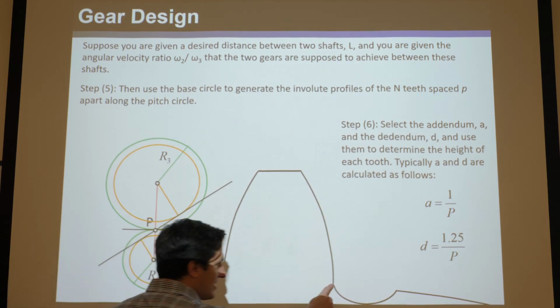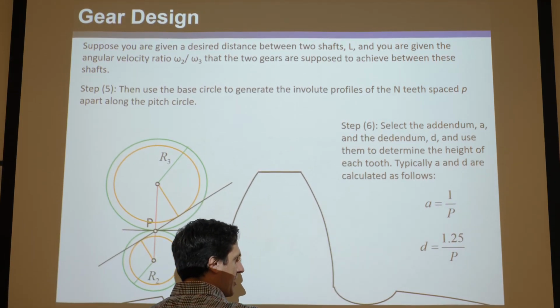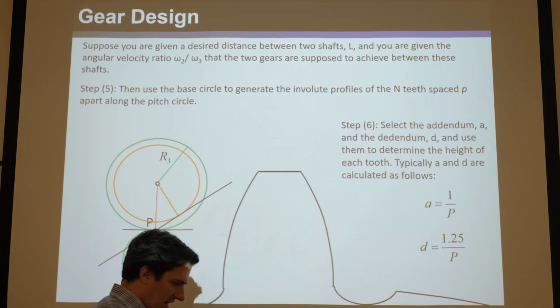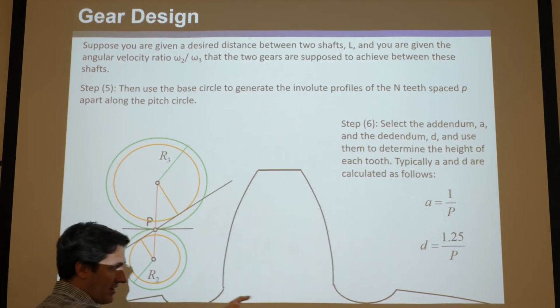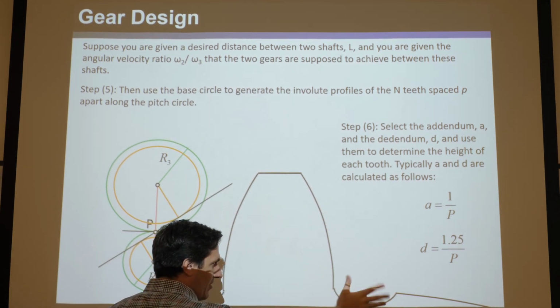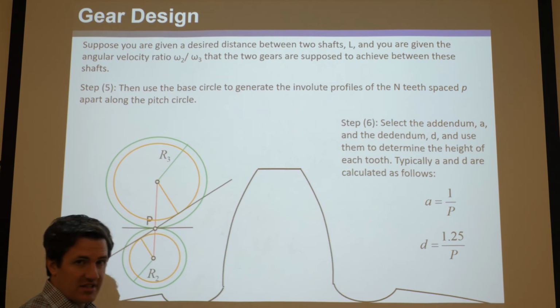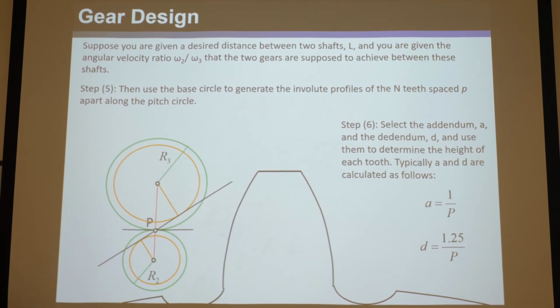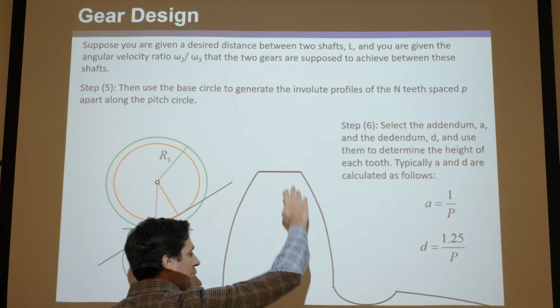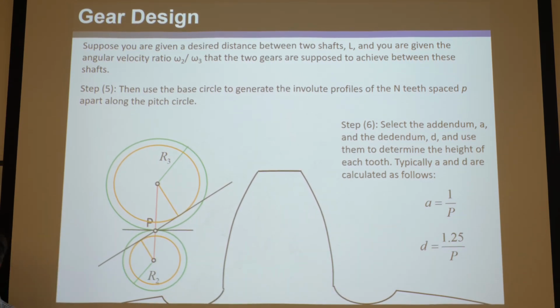You could cut as deep as you want. You could make this look like Mickey Mouse, whatever you want, cut it below the base circle, and the bottom of that would determine the dedendum circle. The shape of this doesn't matter at all because it can't be involute. It's not going to help the gear fulfill the fundamental law of gearing, because it's only above the base circle that it can be involute.